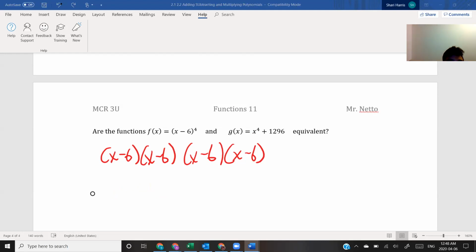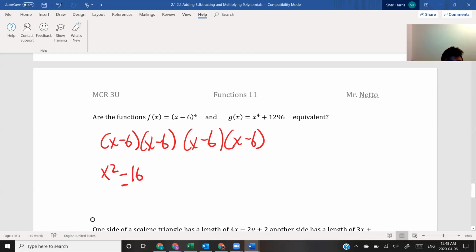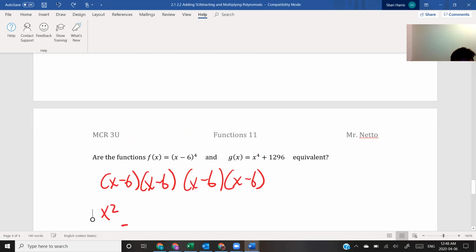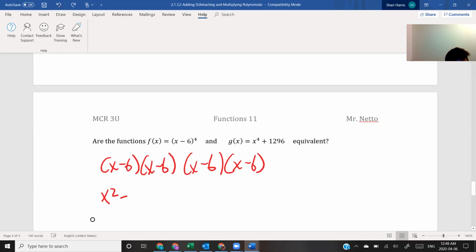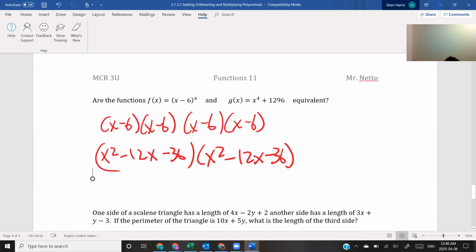So, sorry, x squared minus 12x minus 36. If I expanded this out, I do not think I'd get that.